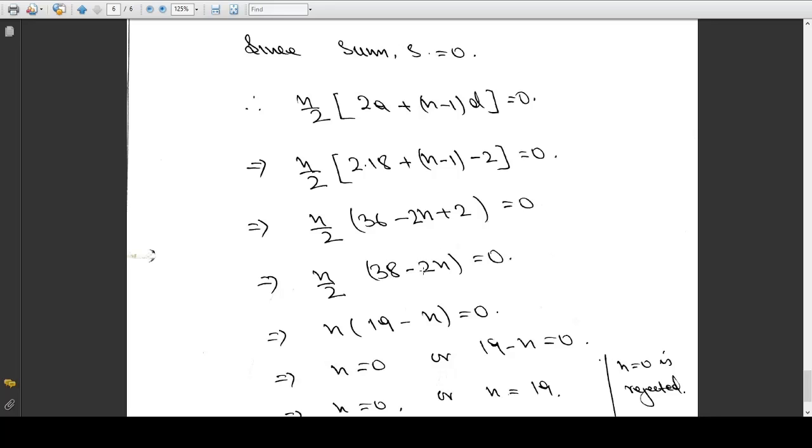That means 19 minus n you will get inside the bracket. You can cancel the 2s, and you will get n in bracket 19 minus n equals 0.